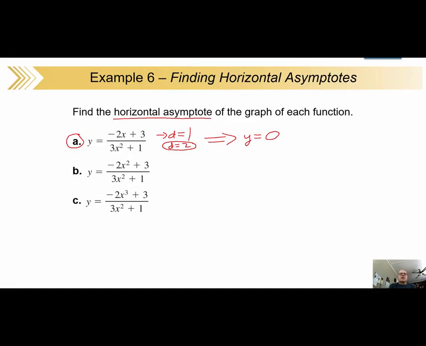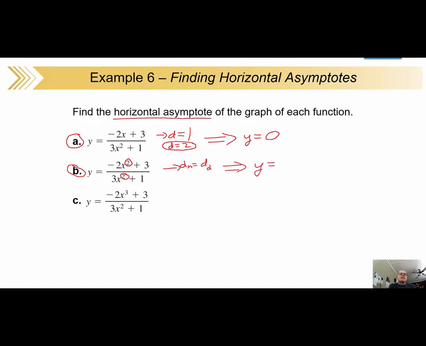See if you got another one. For part B, look at the exponents of the leading terms. They're the same. But we don't care about this part right away. That means since degree on the top equals the degree on the bottom, you get a horizontal asymptote.